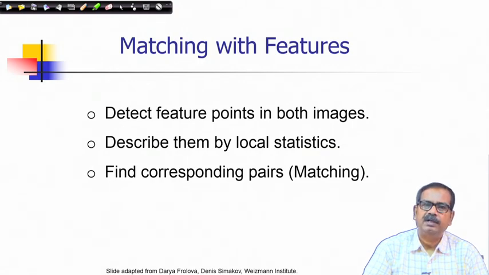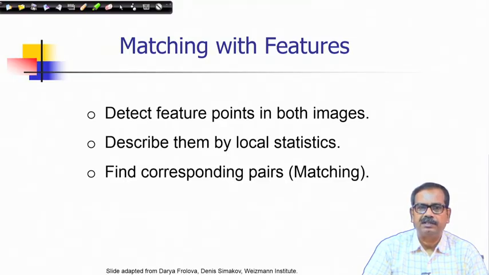So, you have to describe them by local statistics, and we have discussed different feature description techniques like the SIFT descriptor, SURF, and different kinds of descriptors, which have the properties of transformation invariance. And then you have to find corresponding pairs. We will be considering what computation is involved.